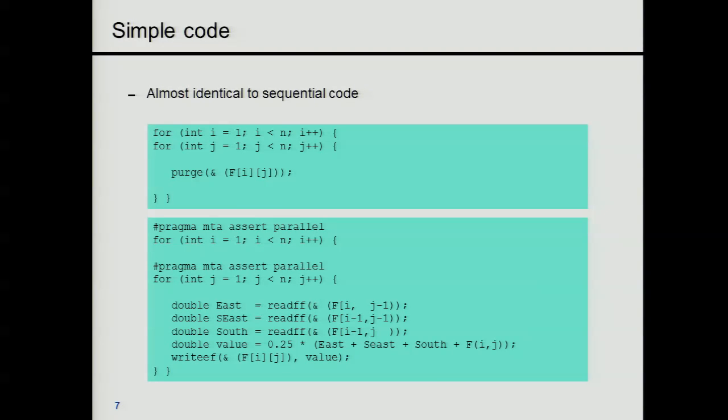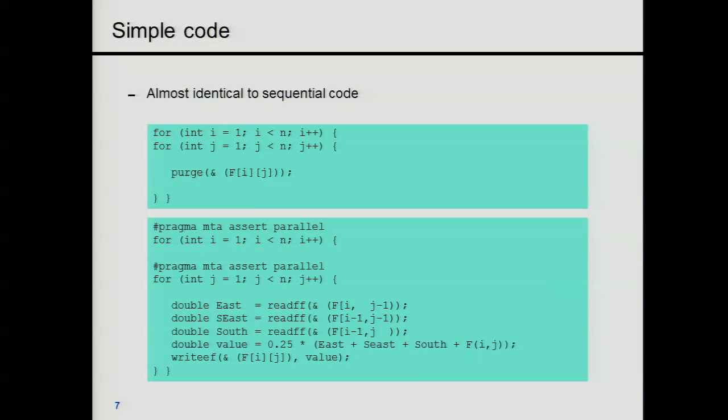So the first iterations that will get scheduled will be for i equal to 1, and then along that bottom row, these j values will get scheduled. And then once those are done, then i equals 2 will get scheduled, and i equals 3, and i equals 4. So the threads that are on the queue will be I11, I12, I13, et cetera.